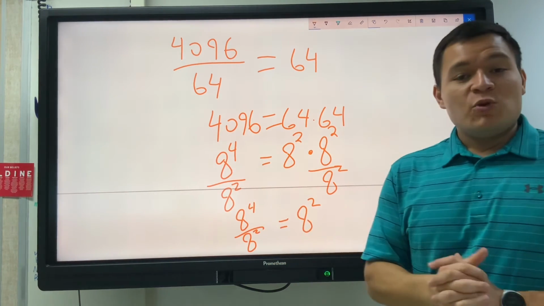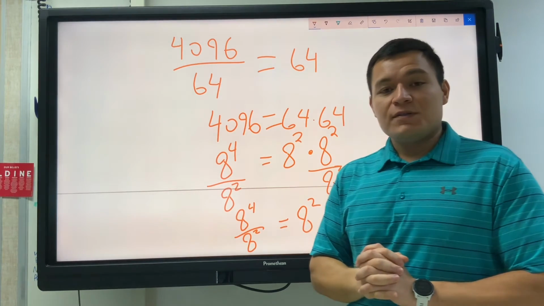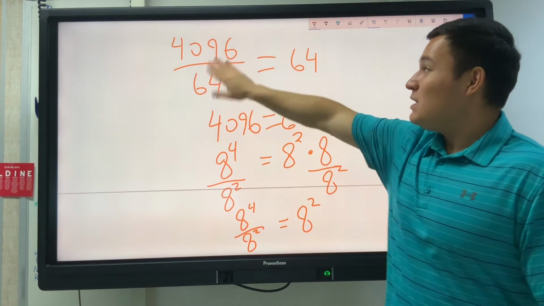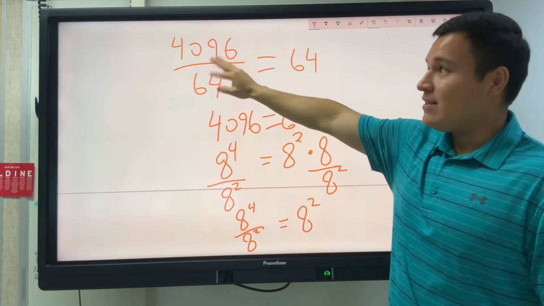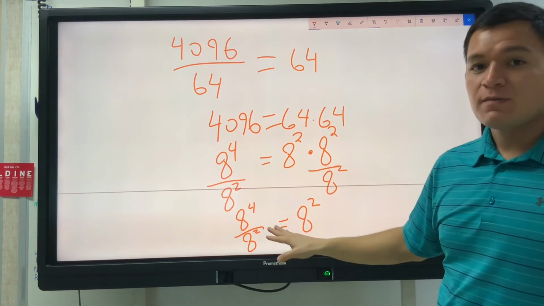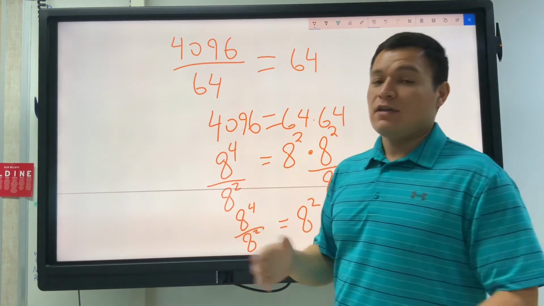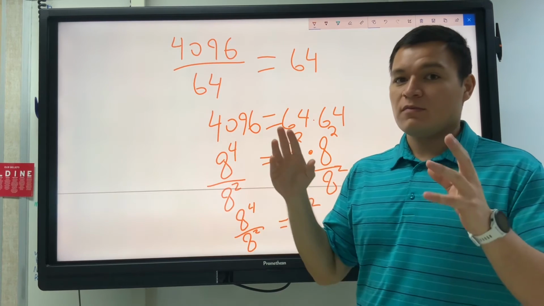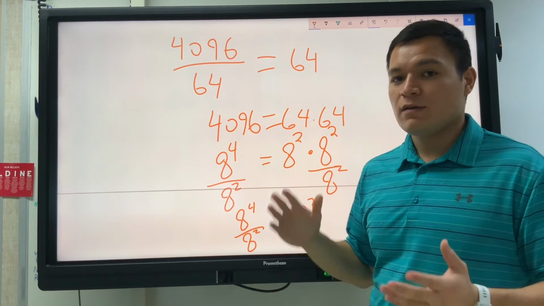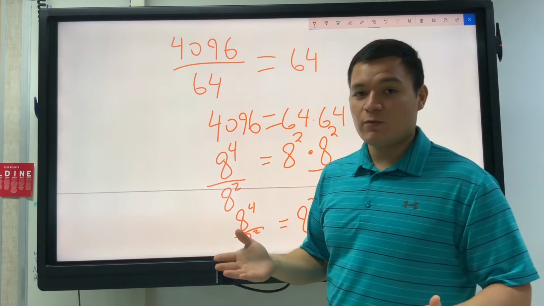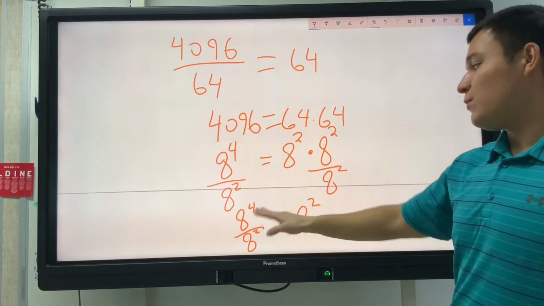The reason why I'm going to have you memorize perfect squares is because you would never recognize this as having something special with powers if you never take the time to familiarize yourself with special numbers like perfect squares, perfect cubes, or 4th powers.